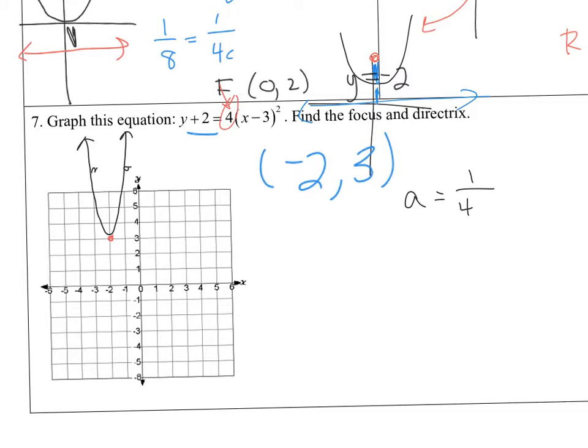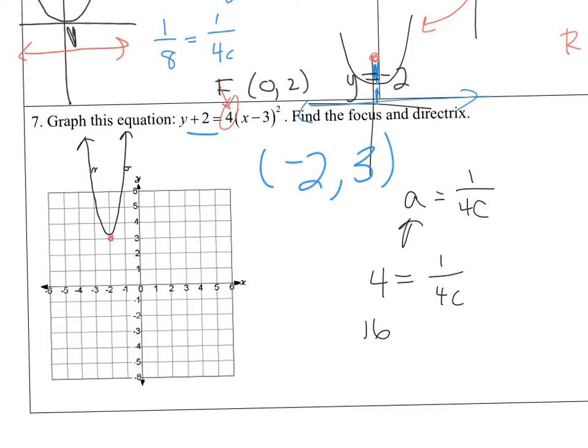So I have my A, so A equals 1 over 4c. I need the c to figure out where the focus and directrix are. I know the focus is somewhere over here, and the directrix is a line over here, but I need to get exact. So if I know my A is 4, I do 4 equals 1 over 4c, and I solve for c.